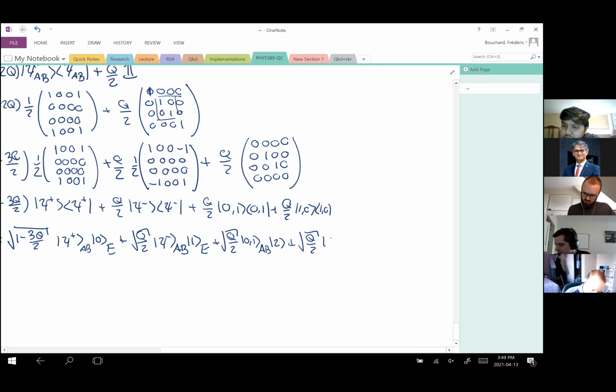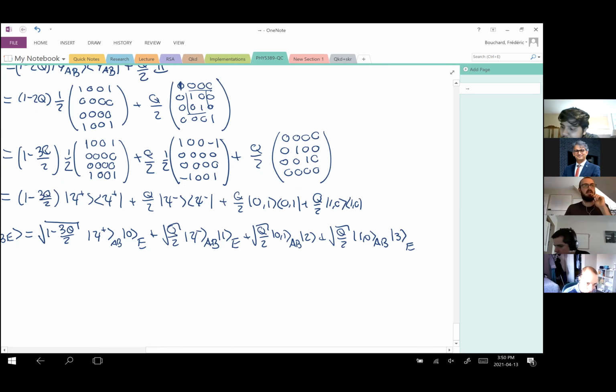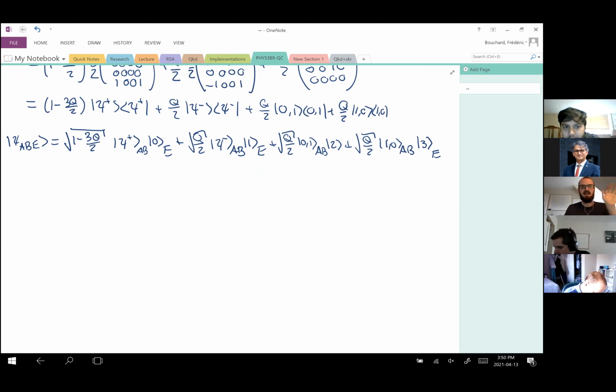One, 0. Okay, so this is the purification. That's the pure state that takes into account all the information that Alice and Bob and Eve have. Rho AB is then simply this because psi ABE is a pure state. Okay.